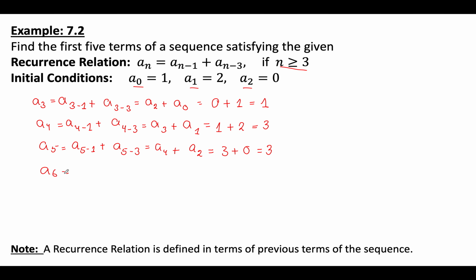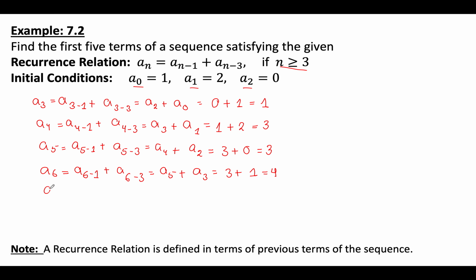A6 is equal to A(6-1) plus A(6-3). And here we got 6 minus 1 is 5, plus 6 minus 3 is 3. Now the value of A5 is equal to 3 and the value of A3 is equal to 1. 3 plus 1 is 4.